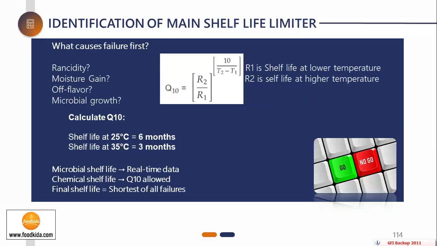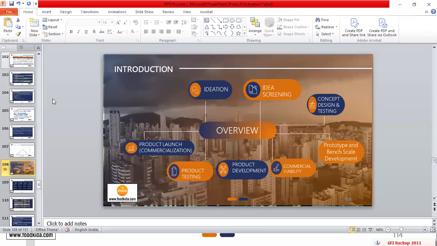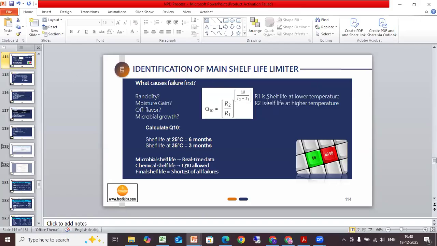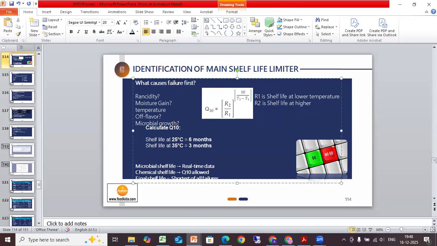This is the formula for Q10, which is R2 by R1, where R2 is the shelf life at higher temperature, and R1 is the shelf life at lower temperature.